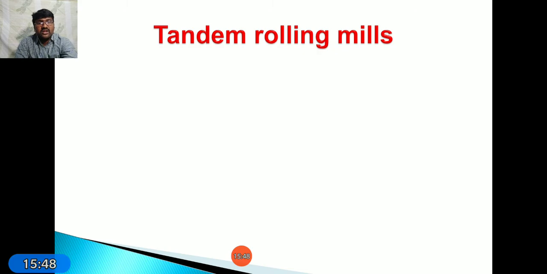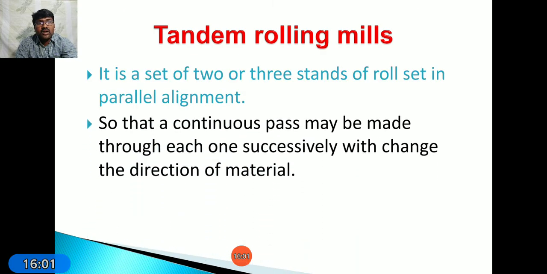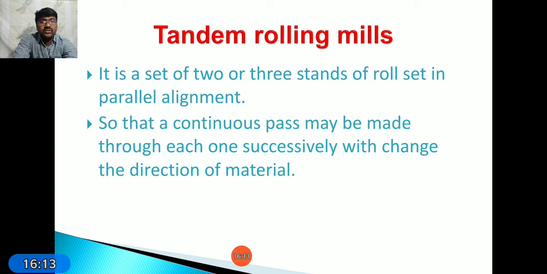Next, coming to the next classification, that is tandem rolling mills. It is a set of two or three stands of rolls set in parallel alignment. We arrange the rollers one after another so that a continuous pass may be made through each of them successfully.